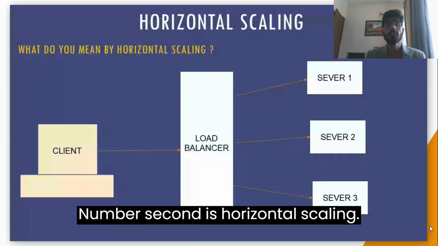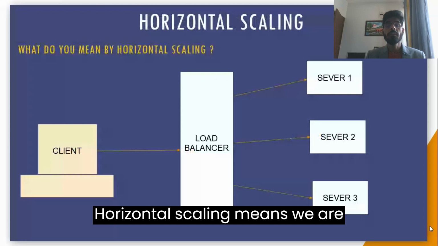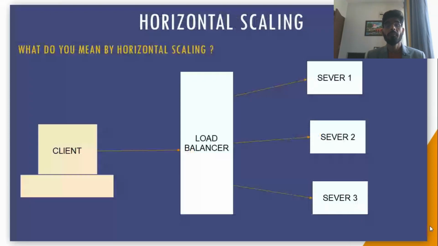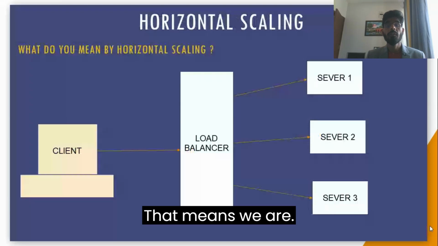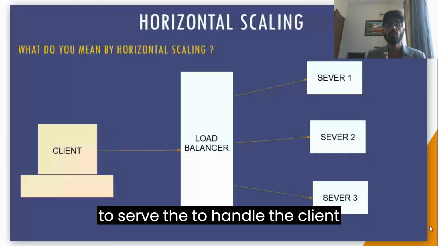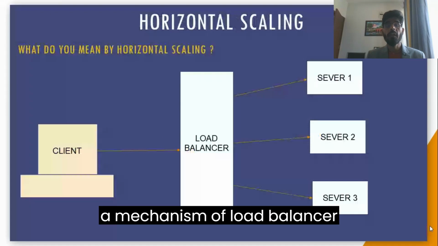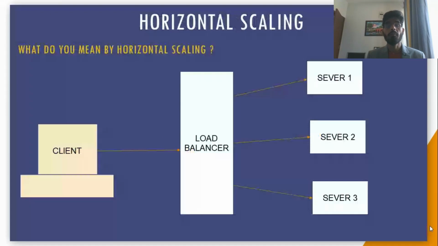Number two is horizontal scaling. Horizontal scaling means we are scaling a system horizontally. That means we are adding multiple servers to handle the client requests, and to handle them there is a load balancer mechanism between the client and the servers.